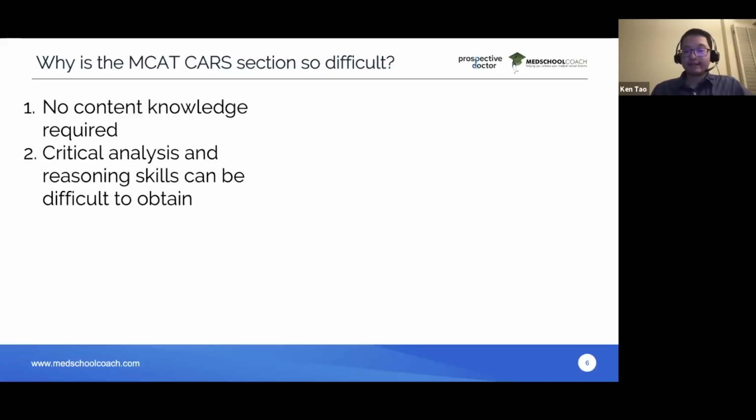Number two, these skills can be difficult to obtain, right? So a mistake that a lot of students make is they just think, oh, well, since the CARS section doesn't test any content knowledge, there's nothing I can do to study for this section. So they're just like, oh, I just won't do anything, and my score will just be what it is. That's definitely not the case. CARS skills can be learned, and it's something that you need to put time and effort into learning.